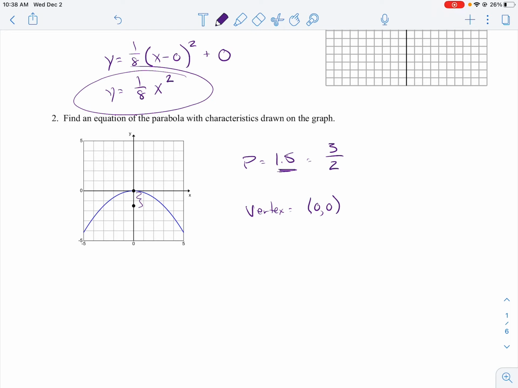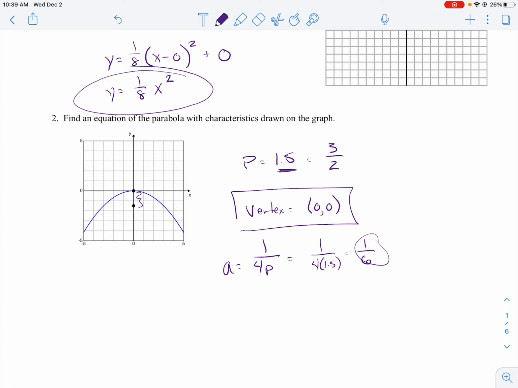And now I just need to find my a value. So a is equal to 1 over 4p. And again, that p value is 1.5. So 4 times 1.5, and we get 1 over 6. So this is our a value.